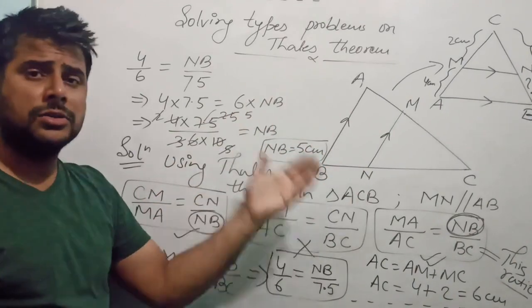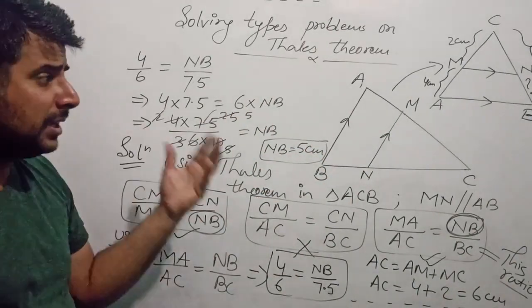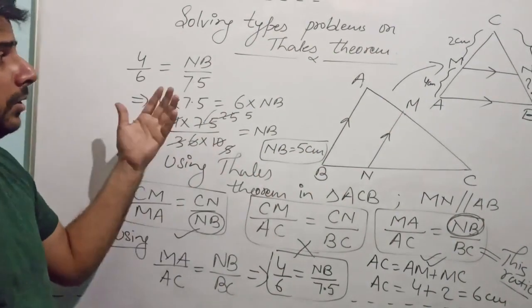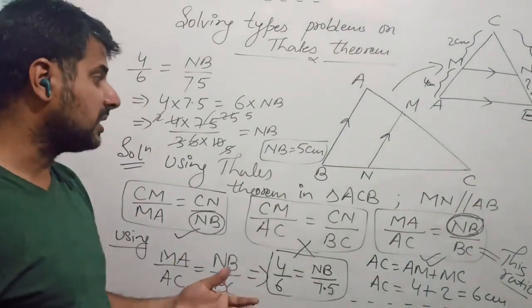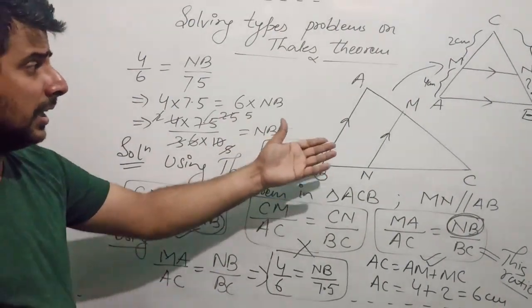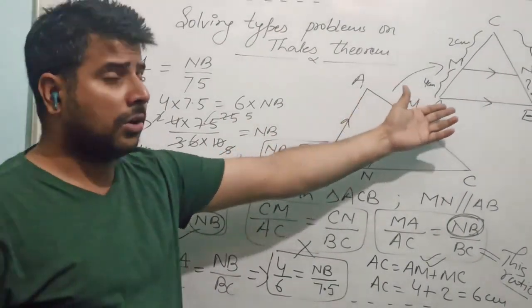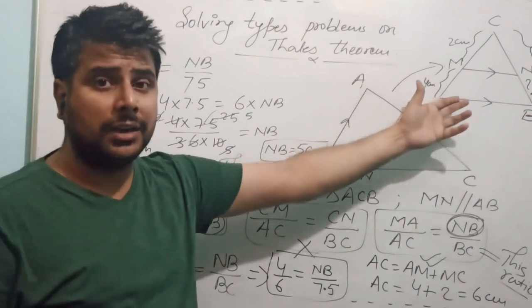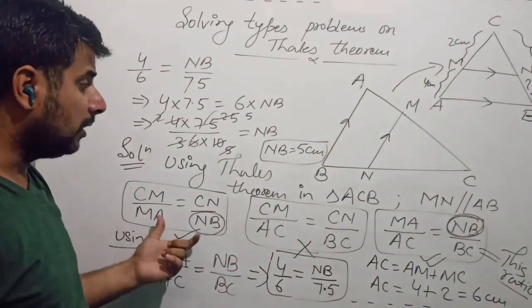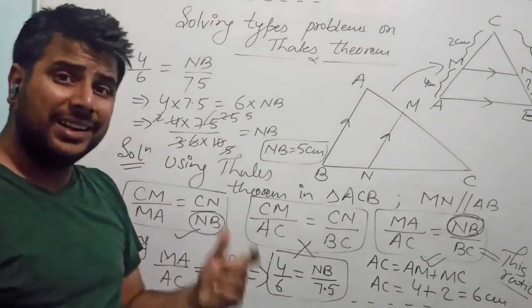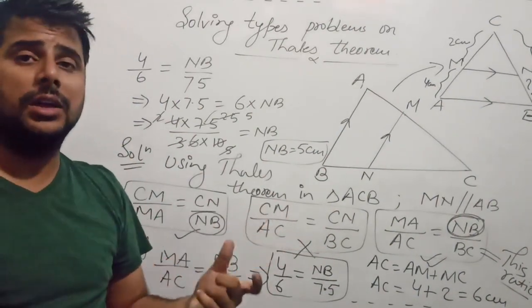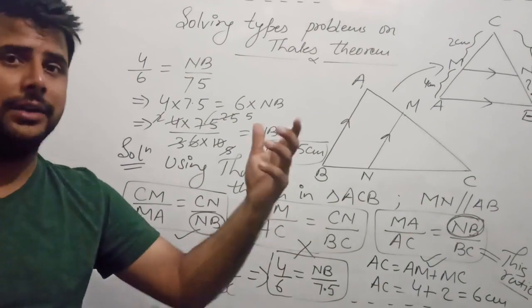You have lots of questions in the RS Agrawal. Please select one and try to solve it. Right? Now let me conclude it very fast. You have to see that the triangle is like this or not. If not, you have to orient it like this first. Then you have to write all the three possible ratios, and then you have to learn how to select one ratio to go ahead.